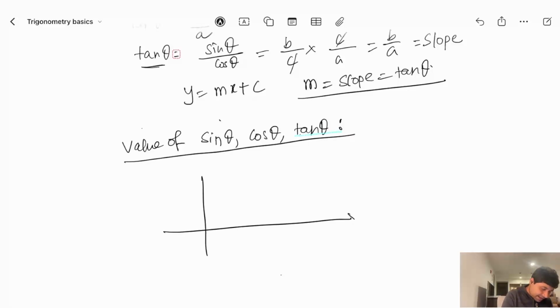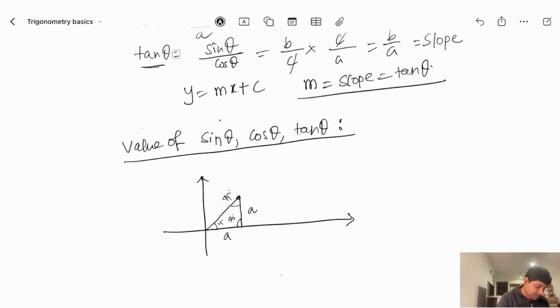Let's say I have a right triangle where both base and height have the same value. So if both are the same, then naturally this is 90 degrees and the other two should definitely be 45 and 45, right?